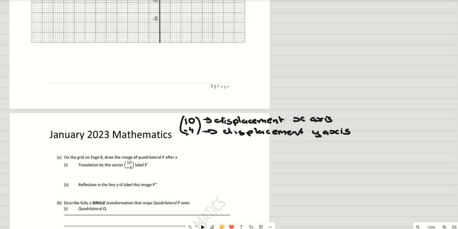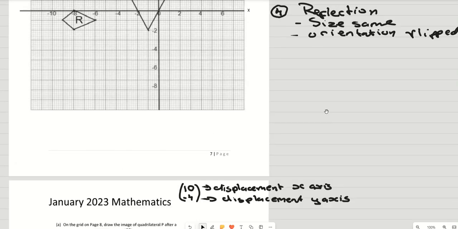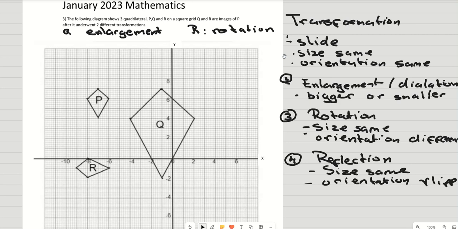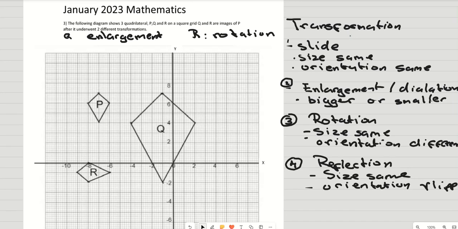So it's going in a positive direction along your x-axis, because 10 is positive, and then negative 4 along your y-axis, it would go in a negative direction, right? So first off, we can literally just count, right?